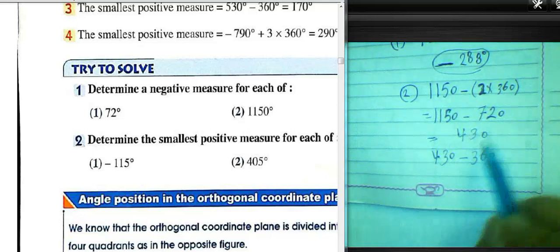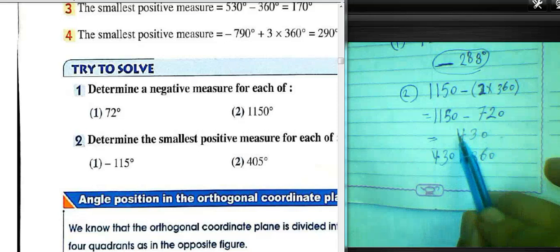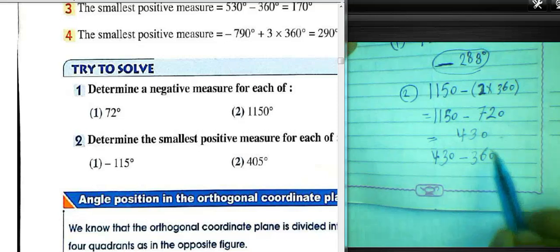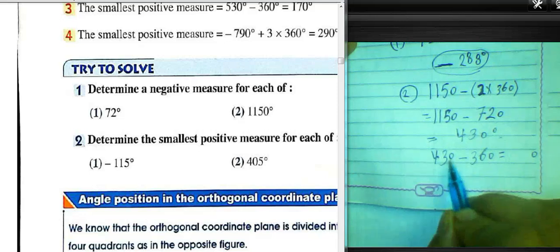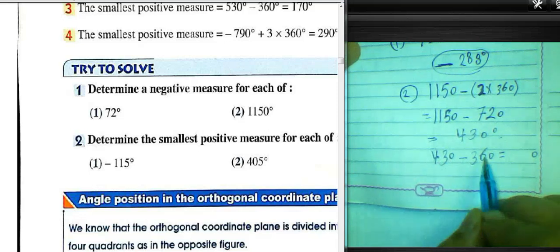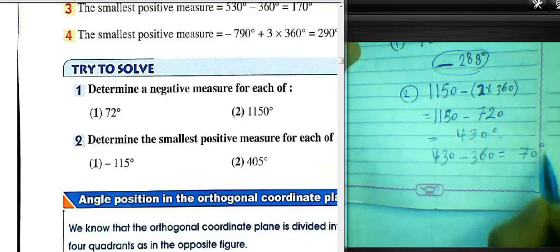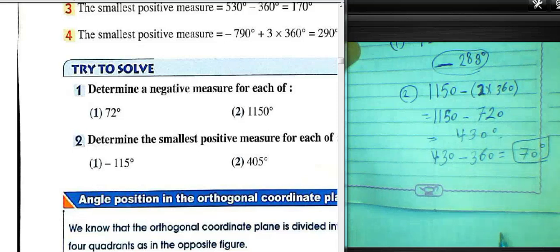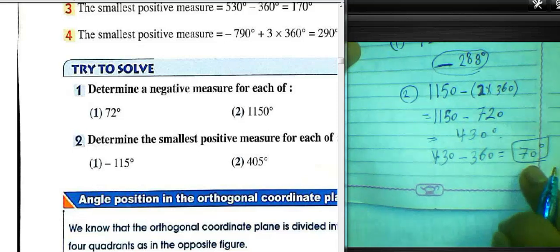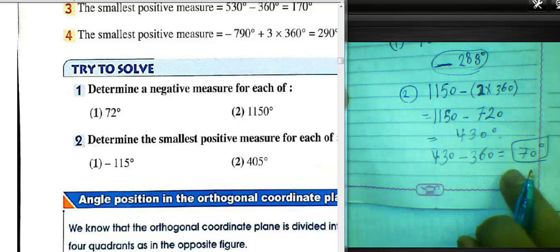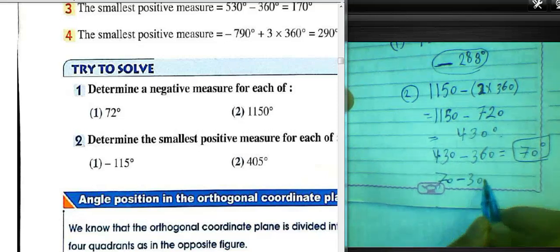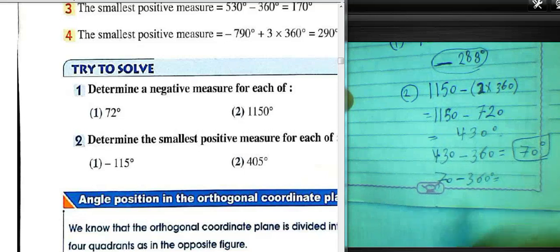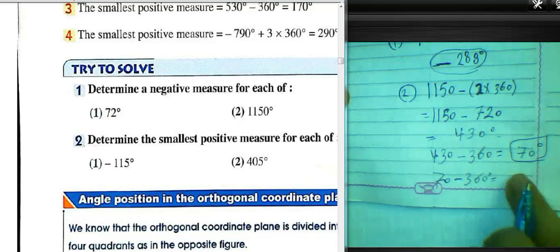If you find a result more than 360, you must subtract 360 from this angle again, and the result will be 70 degrees.